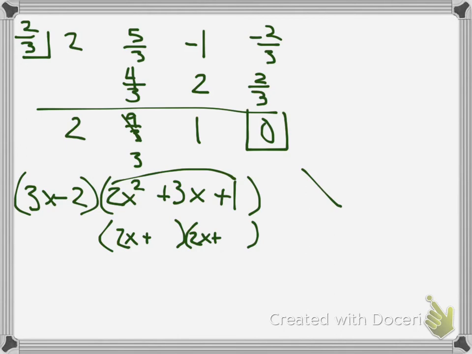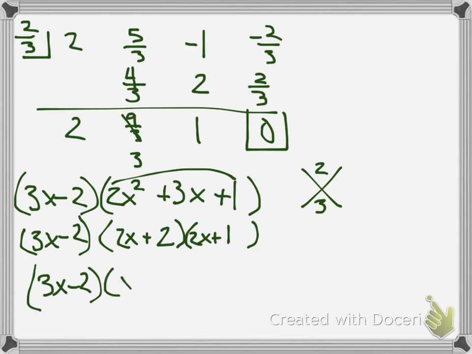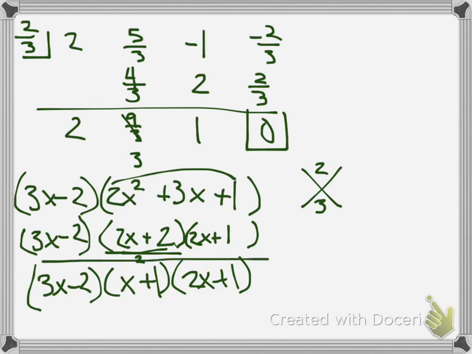I'm looking for two numbers that multiply to give me 2 and add up to 3, which is 2 and 1. When you do this method, don't forget there's an extra 2 that you need to divide out. Notice the middle parentheses I can divide by 2, and I get x plus 1, and then I have 2x plus 1. So my final answer is 3x squared plus x plus 1, 2x plus 1.